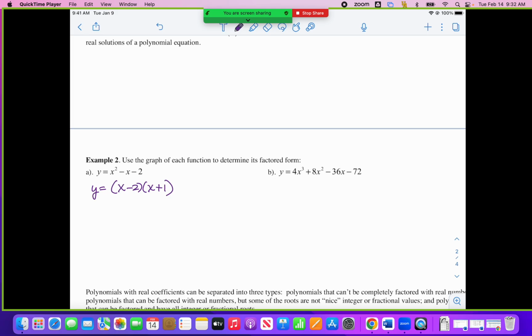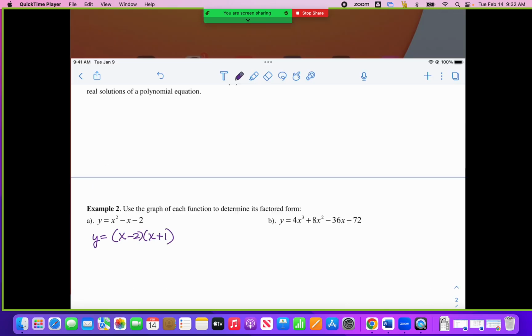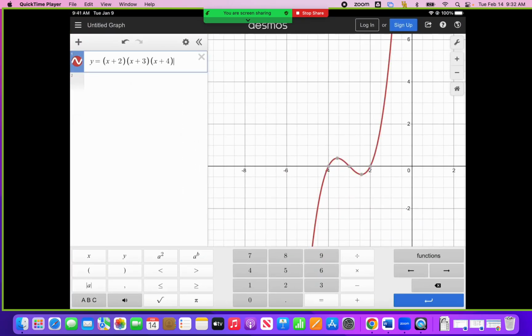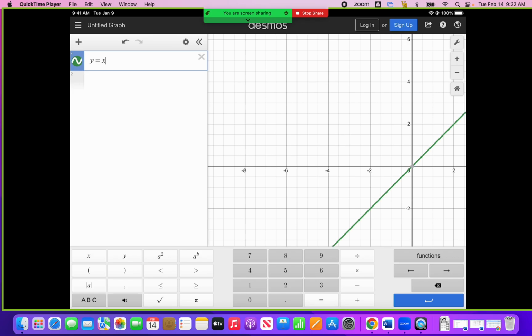I want you to go to either Desmos or your graphing calculator, and put the original graph in and look at the x-intercepts. So I'm going to go to my Desmos, and let me clear this out. And when I do y equals x squared minus x minus 2.